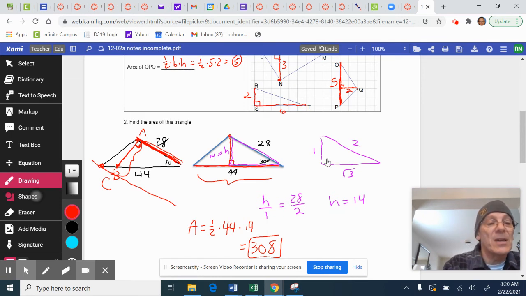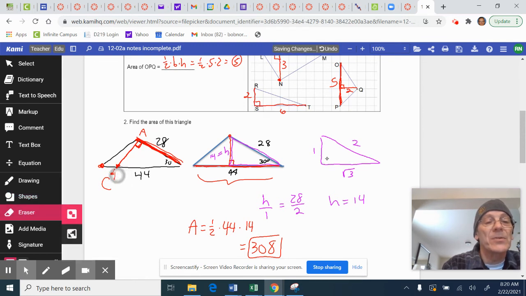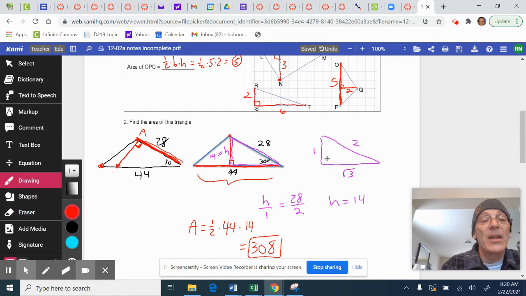And sometimes this is a temptation for students to do this. Got to get my eraser here to draw a height there, because look, we've got a 30, 60, 90 triangle there, right? We make this 28.